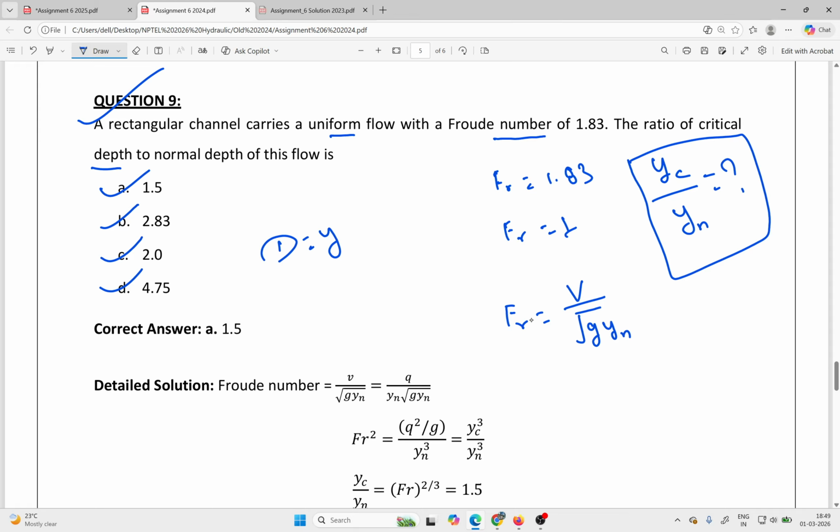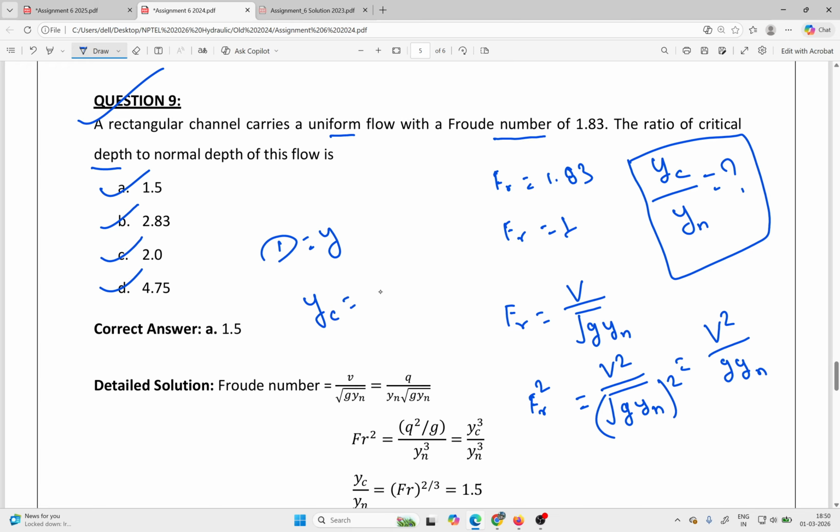For the rectangular channel, take the square on both sides: Fr squared is equal to V squared divided by g y_n. Now, what is the critical depth? You know already, y_c equals (q squared divided by g) to the power 1 by 3.